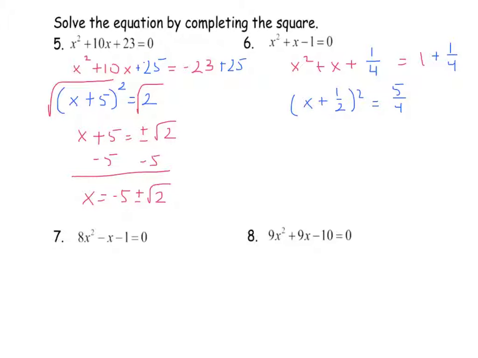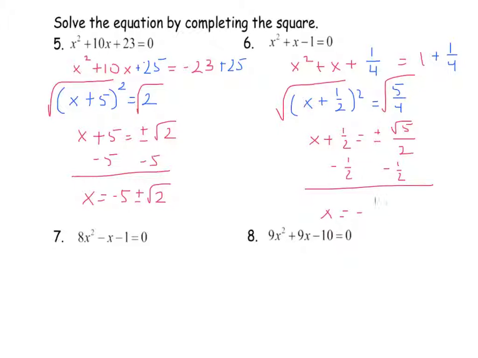If I take the square root of both sides, I get x plus 1/2 equals plus or minus root 5 over 2. Subtract 1/2 and get x equals negative 1/2 plus or minus root 5 over 2.